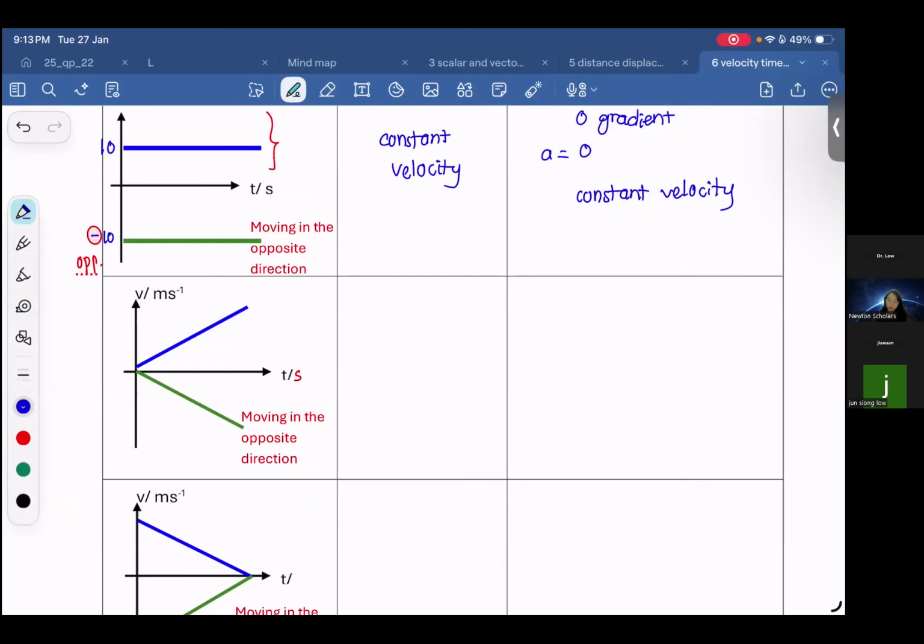Okay, so we look at the third graph here. What happened to the velocity? You look at the graph. Increasing, yes. Increasing uniformly.